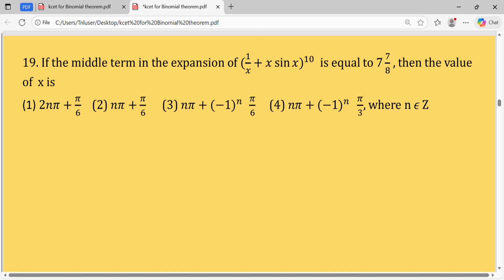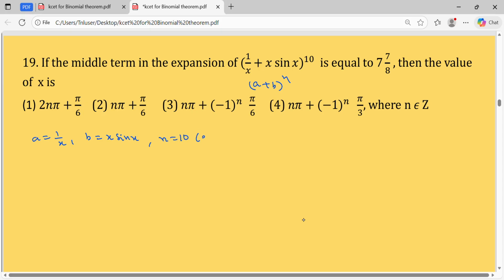Now the middle term in this expansion is given. Now we want to find out the x value. So write the given expansion compared to the standard form, that is (a plus b) whole power n form. Identify the a value, b value and n value. So a equals 1 by x, b equals x sin x, and n equals 10.